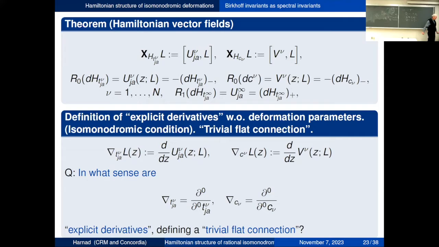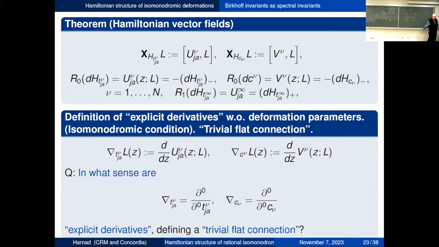Those are equal. The net result is that there is a sense in which we can always have these explicit derivatives. They are the generalization of what in Painlevé 2 were just explicit differentiation of the Lax matrix with respect to t and explicit differentiation of the Lax matrix with respect to the poles. So I have to justify all this because the way that they're defined is exactly so that this equality is satisfied.